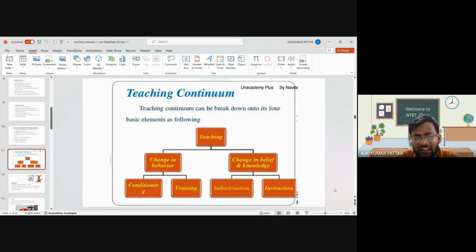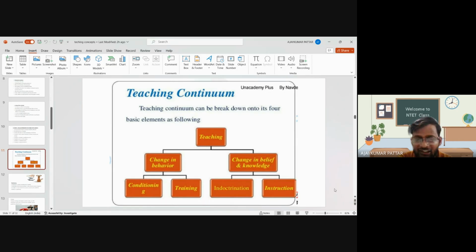One is change in behavior, another is change in belief and knowledge. There may be a change in the behavior of the learner or a change in the belief and knowledge of the learner. These are the two broader outcomes that happen after teaching.